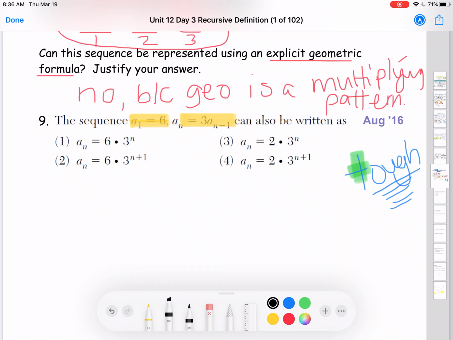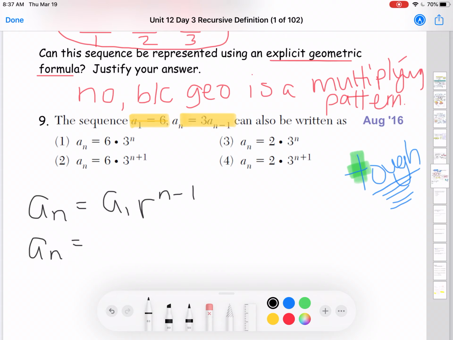If you look at all 4 choices, you should be able to notice that there's an exponent there. So it looks like they're trying to write the explicit geometric formula. So let's try to write the explicit geometric formula using the recursive.